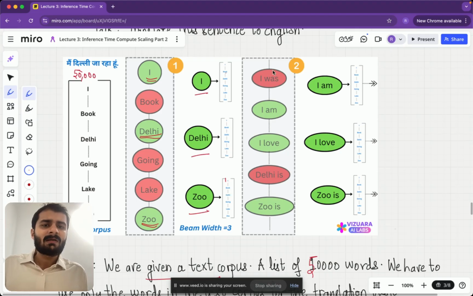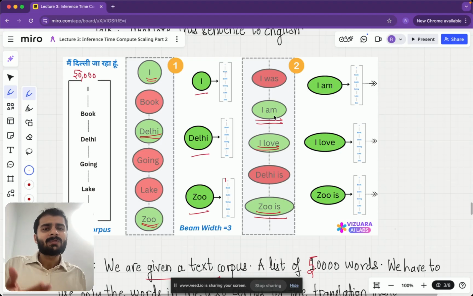So you can see here that we have eliminated I was, we have eliminated Delhi is, we have eliminated all others, and we have selected only three. Again, we have selected I am, we have selected I love, and we have selected zoo is. Remember that in the first step we passed 50,000 words. In the second step, we are searching across 1,50,000 entries.